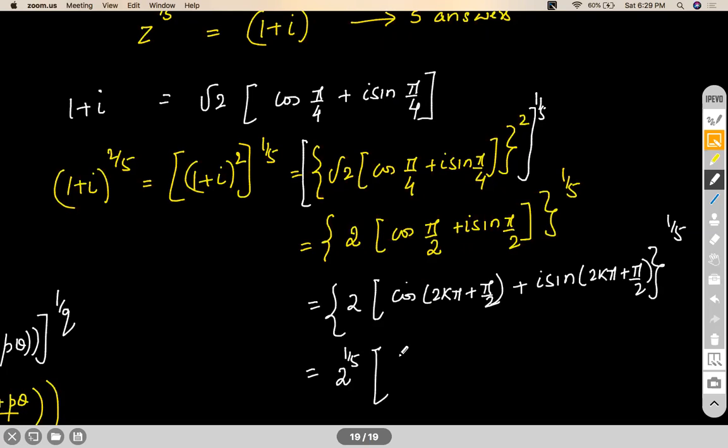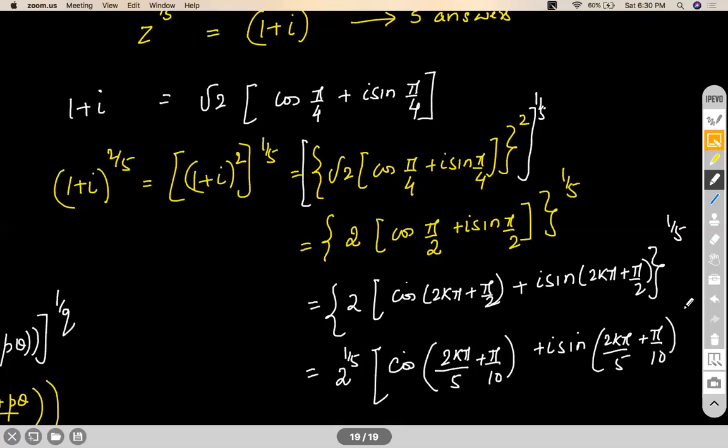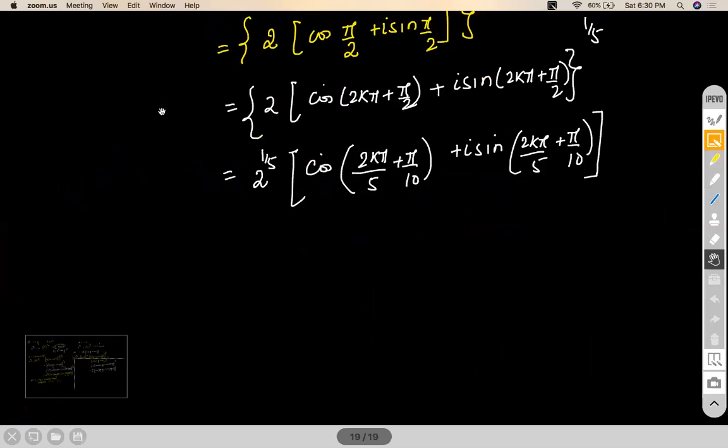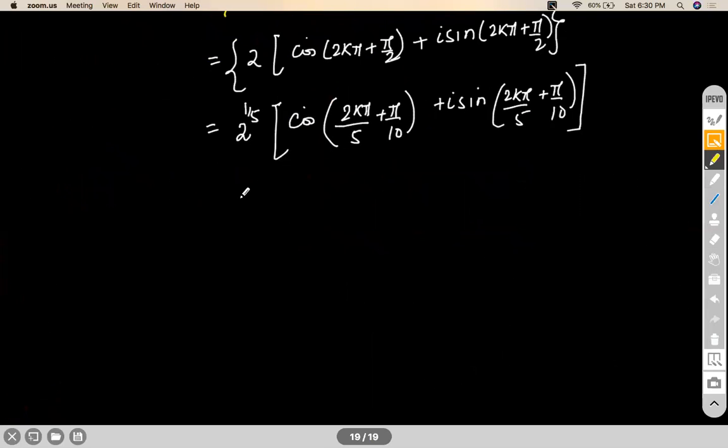And this will be cos of 2k pi by 5 plus pi by 10 plus i sin of 2k pi by 5 plus pi by 10. And then he said, start putting k value as any 5 consecutive integers. So we'll choose k value as 0, 1, 2, 3, 4 for convenience.